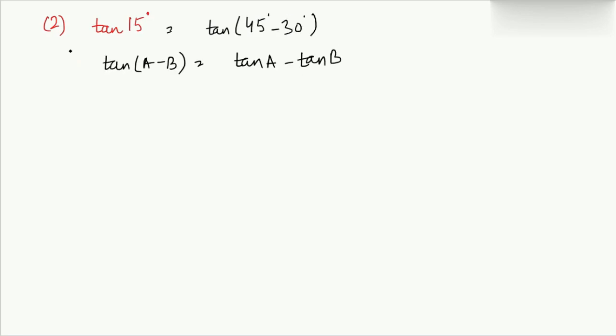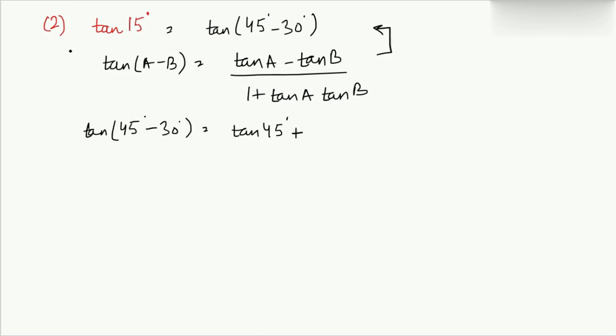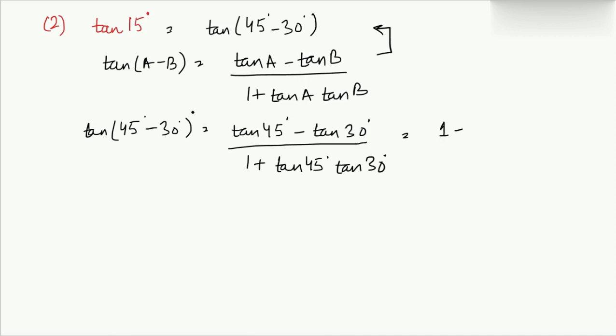Second part of this question, we need to find out tan 15 degrees, which can be rewritten as 45 degrees minus 30 degrees. We know the formula for tan (A − B), which is (tan A − tan B) upon (1 + tan A tan B). We'll put in the above expression and get this. Tan 45 degrees is known, which is 1. Tan 30 degrees is also known, which is 1 by root 3.